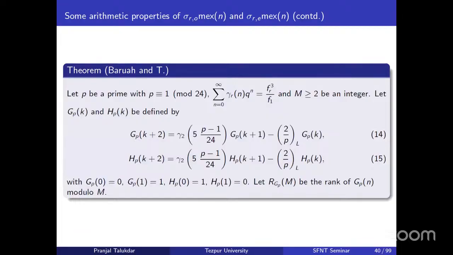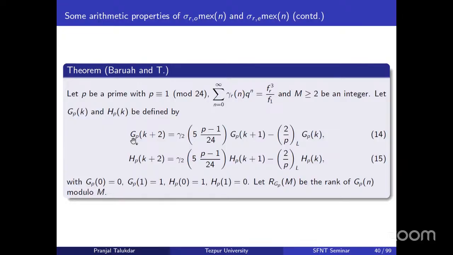So to state our next theorem, the congruences between sigma r odd max and sigma r even max, first we construct these two Lucas sequences, where this gamma is defined by this q product and with these initial terms, and let this denote the rank of this Lucas sequence Gn modulo any positive integer n.